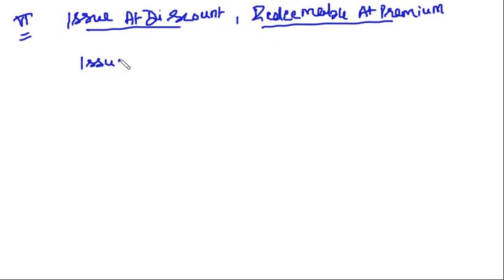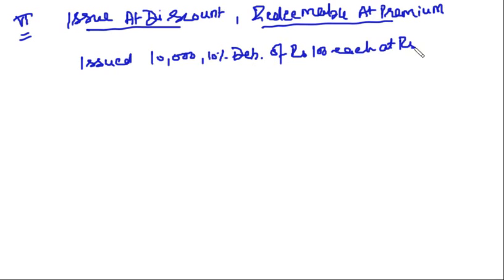So you issued 10,000 10% debentures of rupees 100 each at rupees 95, right? Redeemable at rupees 105.